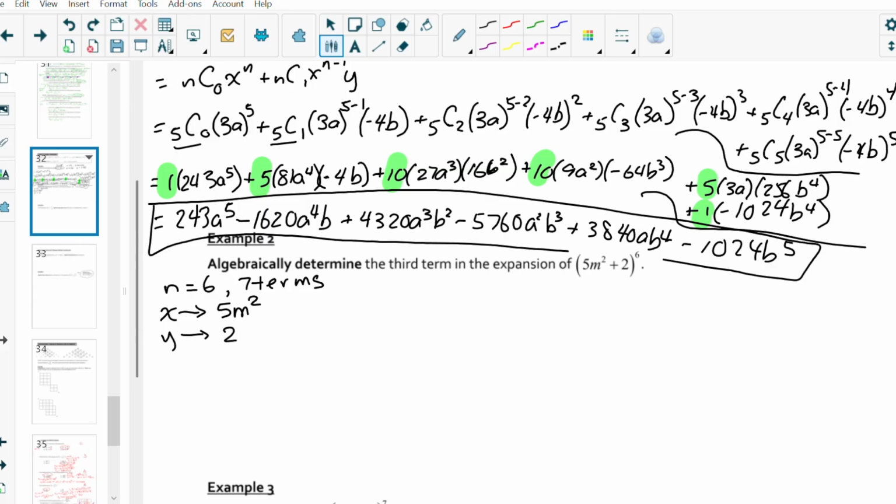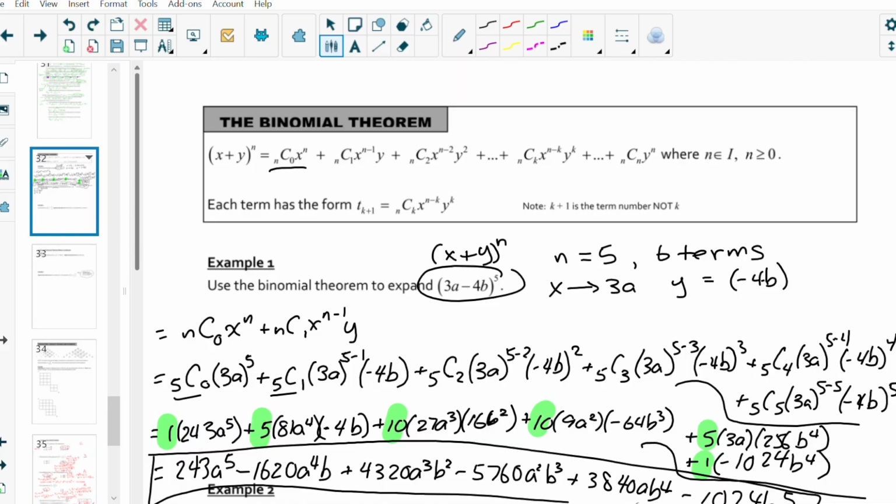Okay, here's the key thing here. So the third term. I'm going to go back up here. We're going to use this formula, each term. So we're not looking for the entire expansion. We just want a single term, right?